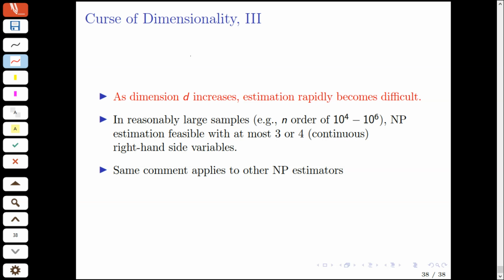So, while nonparametric approaches have this intuitive appeal of not being dependent on particular functional form assumptions, there are limits to their usefulness. So this illustrates what's known as the curse of dimensionality. That is, the dimension of the conditioning variable inherently puts a limit on the usefulness of the method. So this concludes our discussion of nonparametric methods.